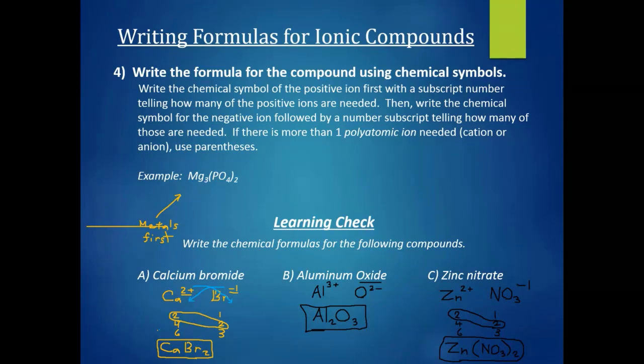They could have put the charges on bottom and the number of atoms on top, but that's not what they did. The charges are always listed as superscripts, the numbers on top, and the number of atoms of each type go on the bottom. All right, cool. Let's take a look at some other stuff then.